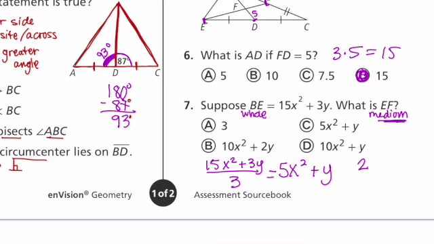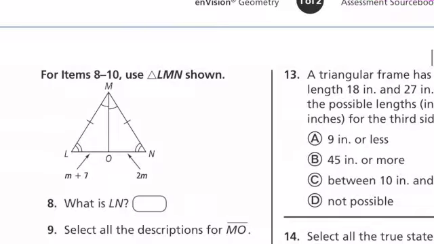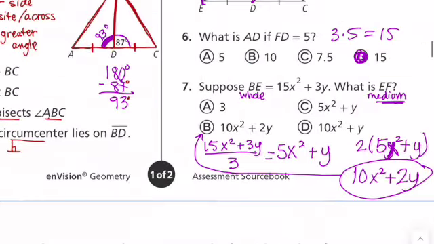So 2 multiplied by 5x squared plus y, and we get 10x squared plus 2y. So that is our answer for those ones. If you need that longer, pause the video and you can watch it.